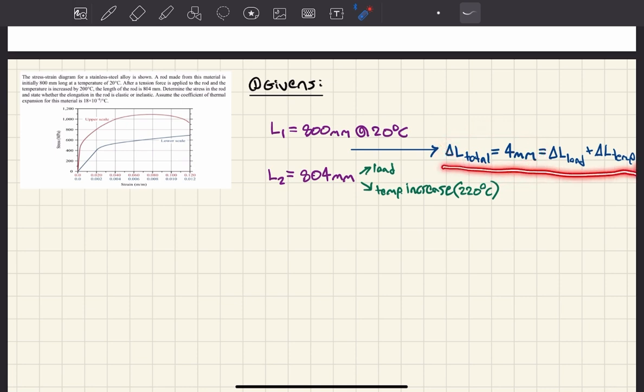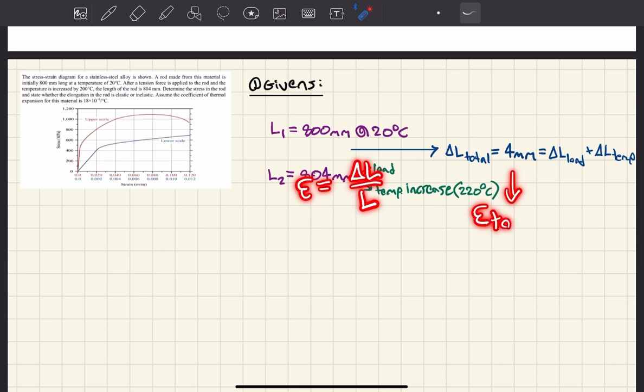This is the equation we're going to use mainly in this question. We'll make a proportional relationship, because we know strain is equal to delta L over L, so strain is proportional to deformation or elongation. So we can say the total strain is equal to the strain caused by the load plus the strain caused by the temperature.